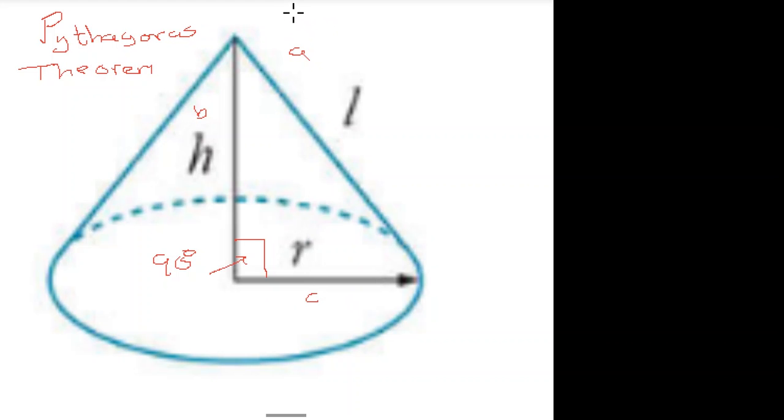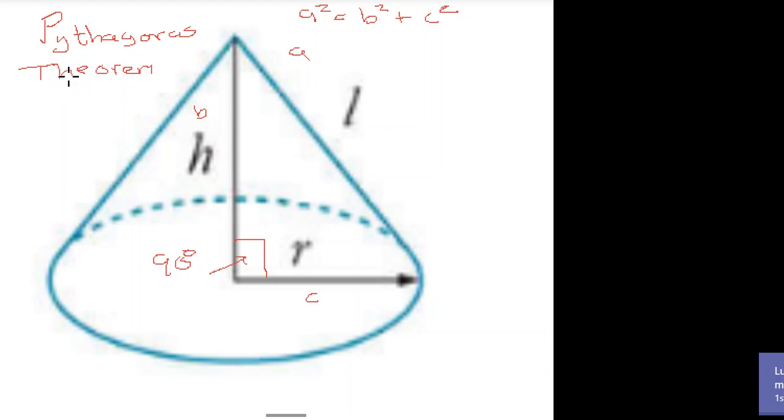What it says is that A squared is equal to B squared plus C squared. What that means is that the length here squared is equal to this length squared plus this length squared.